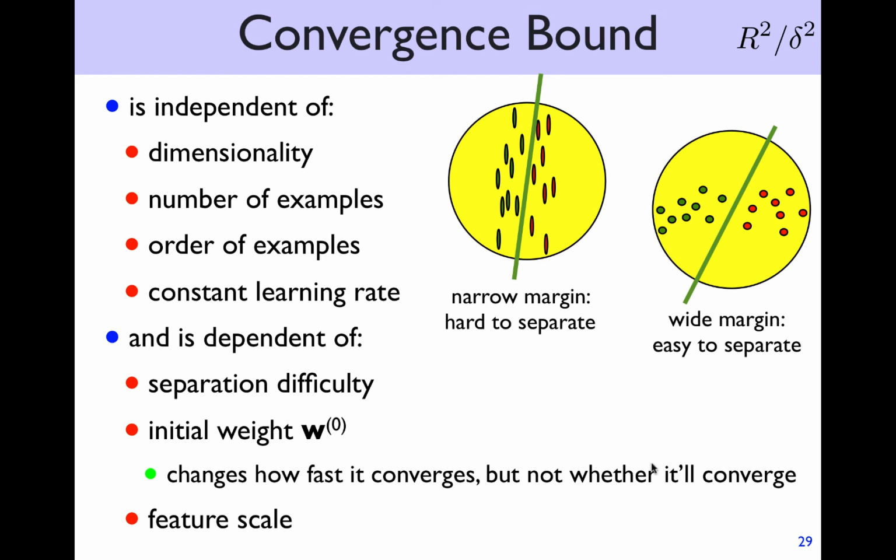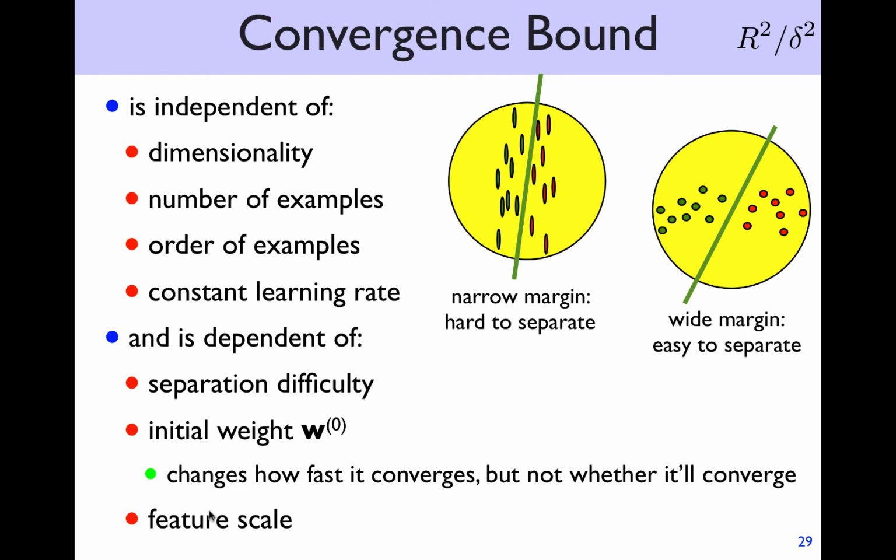So as long as the data is separable, regardless of whatever weight vector you start with, you are always going to converge, but your convergence speed might be different. That's what I want to say. In your exercise, you would need to show that the perceptron will converge regardless of the choice of initial weight vector, as long as the data is linearly separable, okay? But you probably have a different convergence bound.